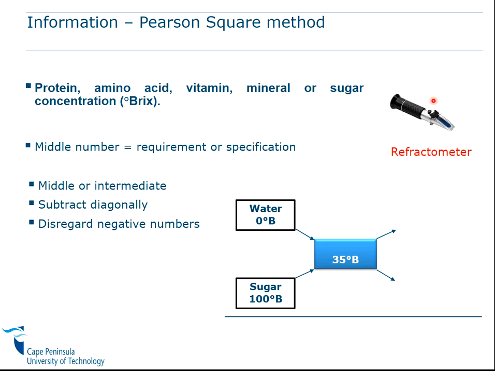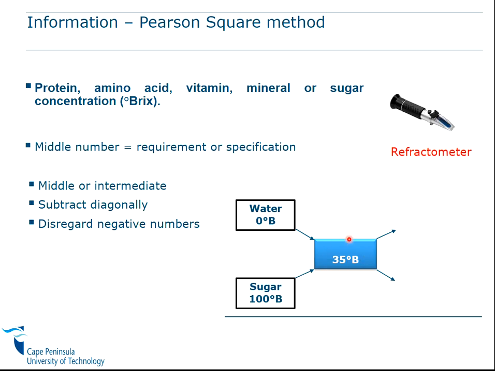So, before we can use the Pearson square, now we understand what Brix means. In the Pearson square, you use squares in order to calculate the required ratios. In this case, we have two components: water, which is 0 degree Brix, and sugar, which is 100 degree Brix.